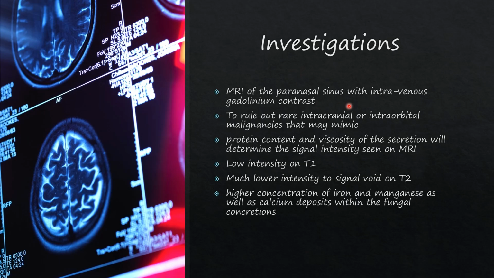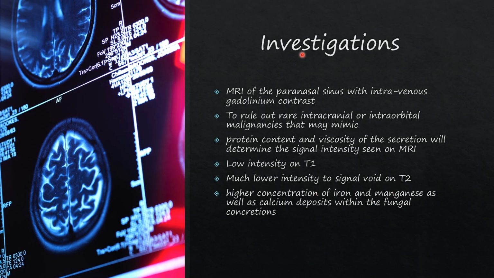Now let's talk about the MRI. So MRI is done when you have to rule out any other malignancy inside the brain or orbit, since what we just saw can mimic certain erosive sinonasal malignancies. So if you have to rule that out, you can do these tests. So on MRI, T1 weighted has low intensity, but T2 has even lower intensity, so that there will be signal void.